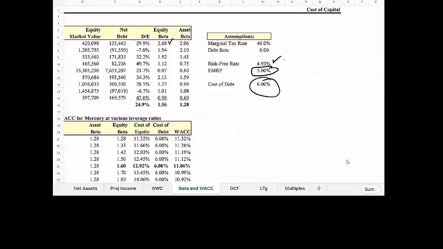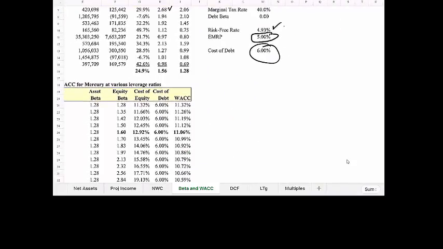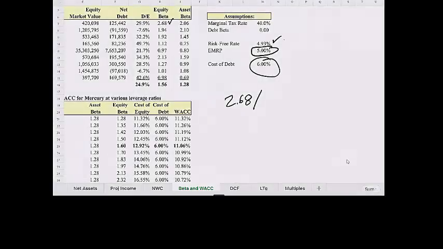If you go back to the video on levering and unlevering betas, we take a beta of 2.68, and to unlever it, meaning what would the beta be without the risk of debt in it, we divide it by 1 plus the debt to equity. Using the first one as an example, 1 plus 0.299, and if you do the math, you'll find that the answer is 2.06.